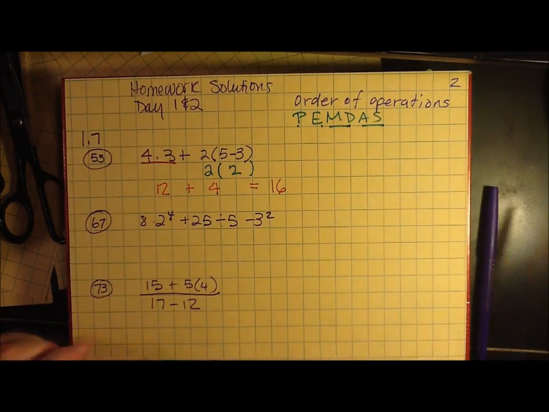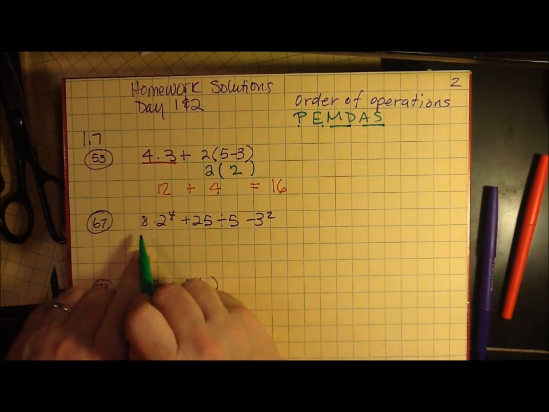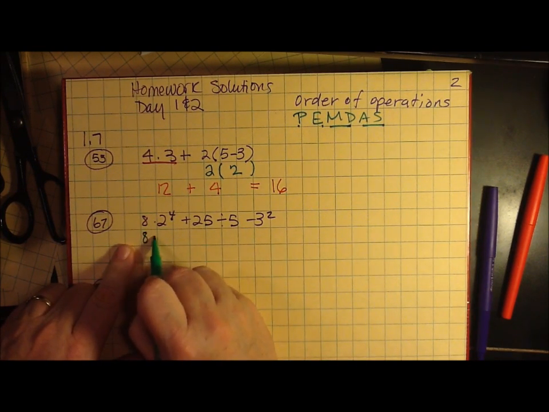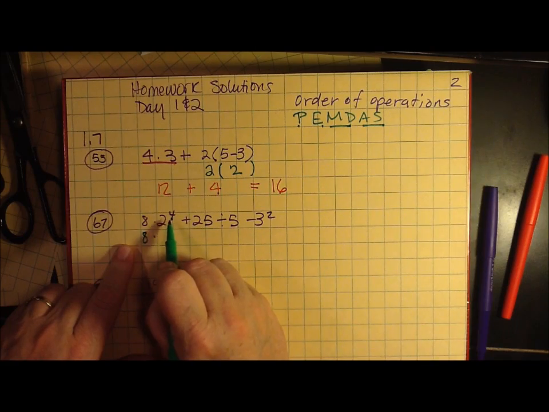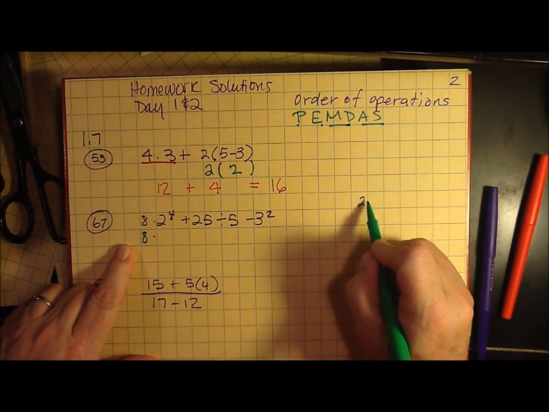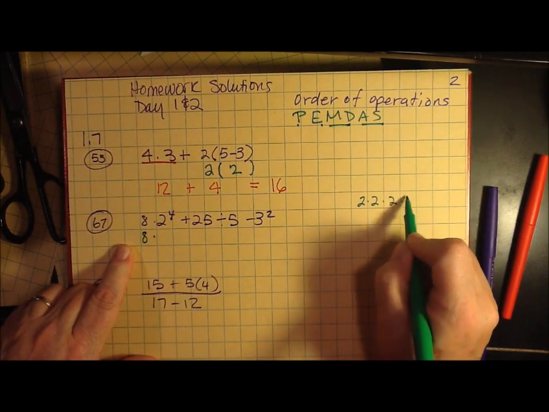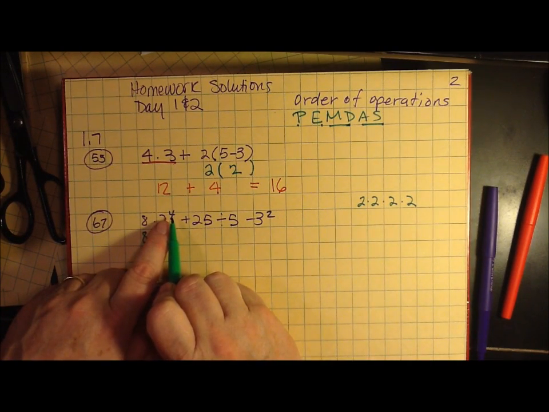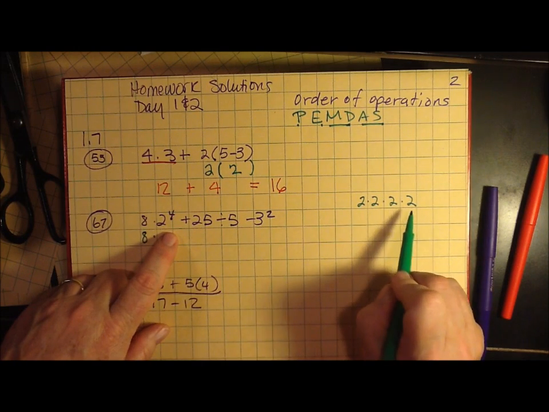On this next problem, first of all, there's some exponents, so I'm going to do that first. So this is going to come down 8 times 2 to the 4th. Let's look at that. 2 times 2 times 2 times 2. Because this is an instruction, this says multiply it by itself 4 times.